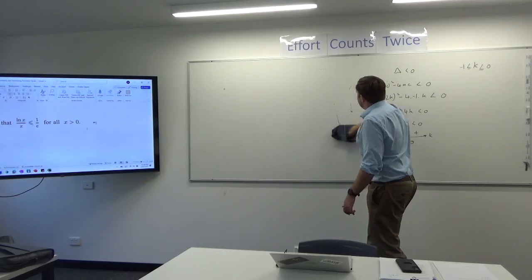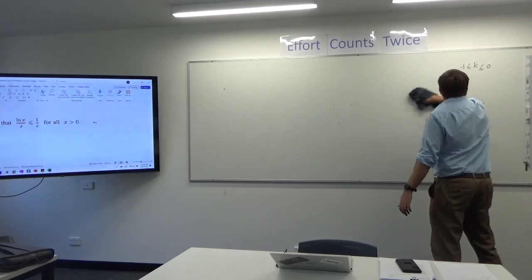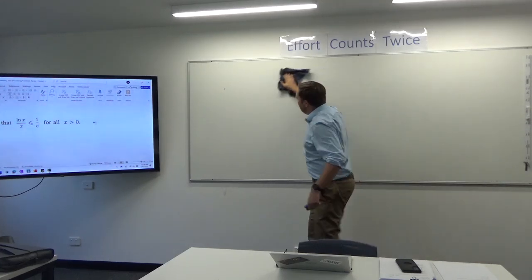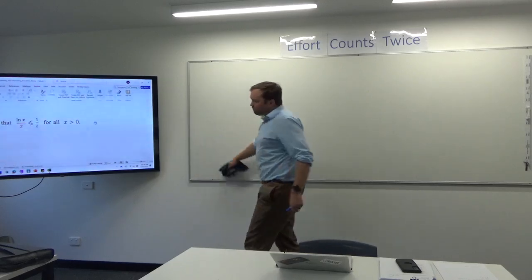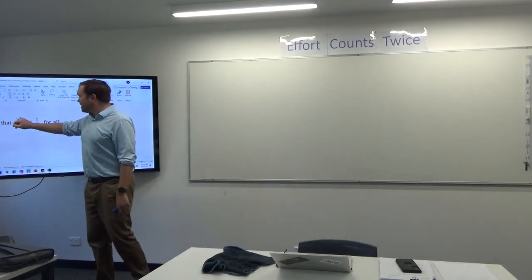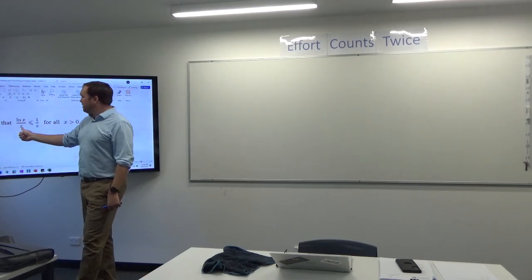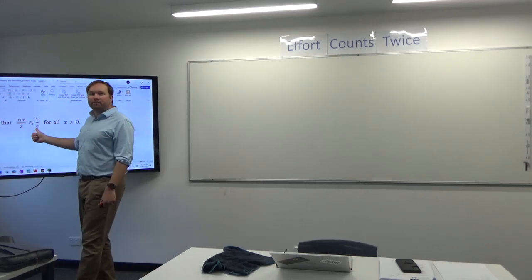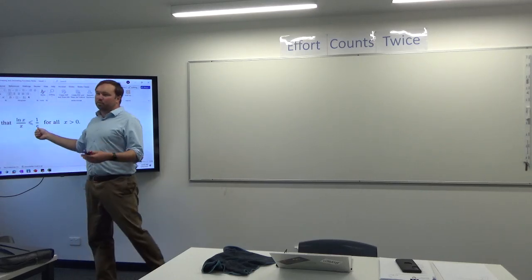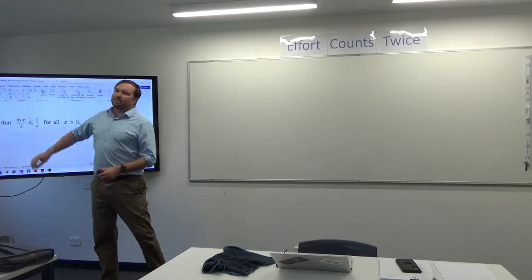So it's in the section where we're finding minimum and maximum, and then we need to prove that the function is strictly below this point. What it's kind of asking us to do is to find the maximum value of this. If the maximum value of this is less than or equal to that, then we've effectively done what we've been asked to do, which is show that this is below that for all values.